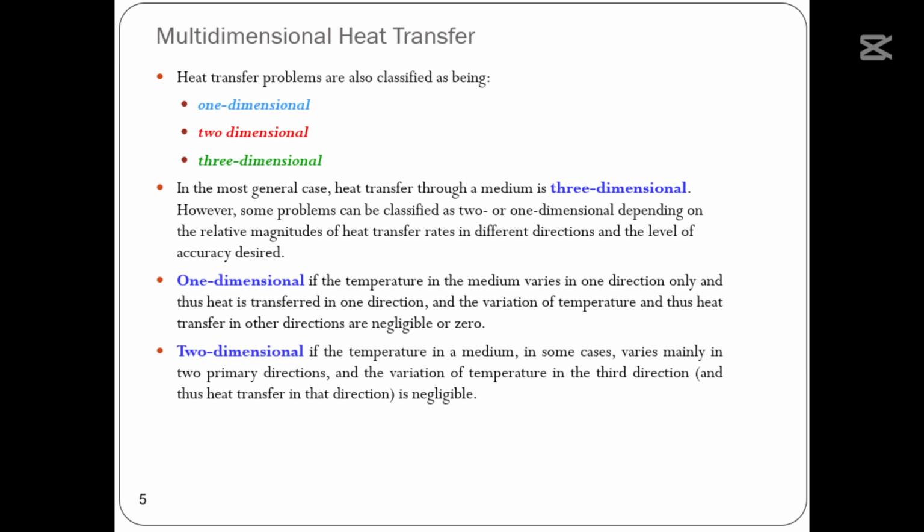It is 1 dimension if the temperature in the medium varies in one direction only, and thus heat is transferred in one direction, and the variation of temperature and heat transfer in other directions is negligible or zero. In this case, we will only consider 1-dimensional heat transfer because most of the operations conducted in the process industries are related to 1-dimensional heat transfer.